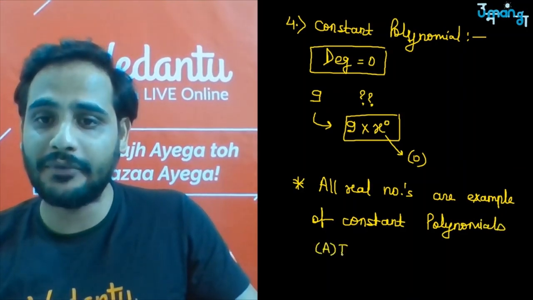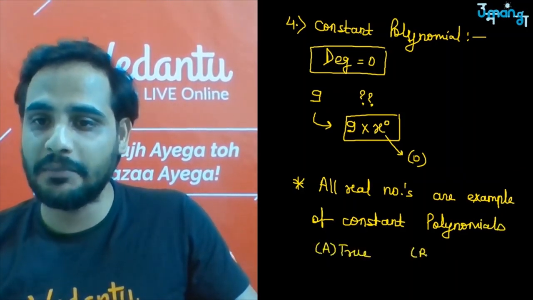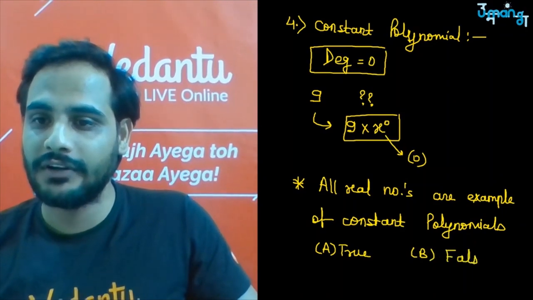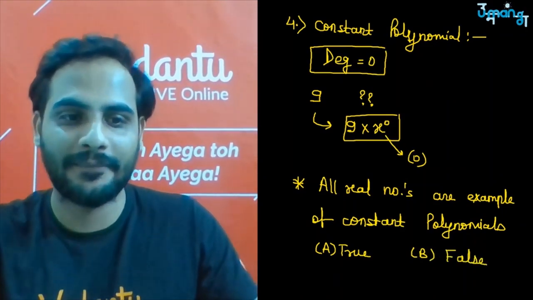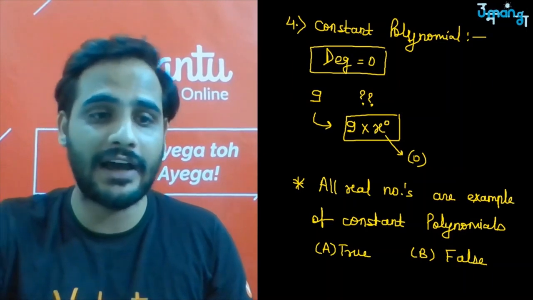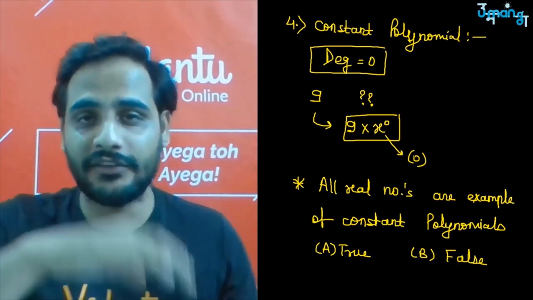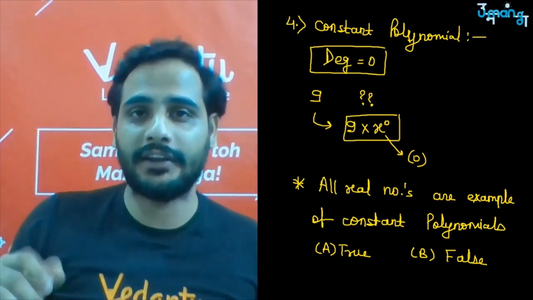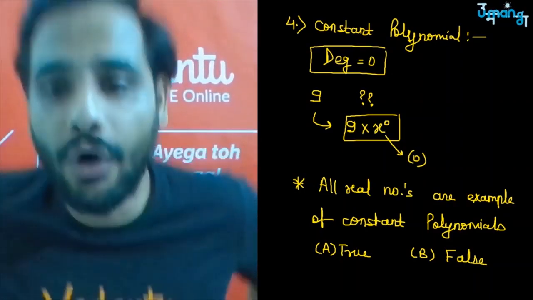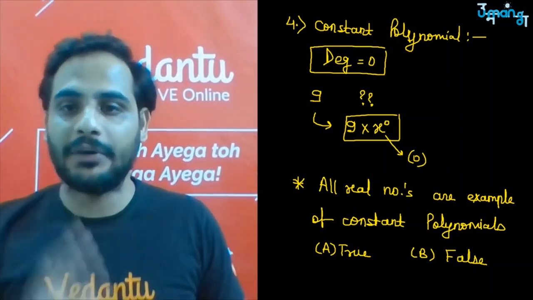Option A, I am telling you true. Option B, I am telling you false. Now tell me, what do you think about it? Let me know the answer in the chat box, whether it is true or false. All real numbers are examples of constant polynomials.